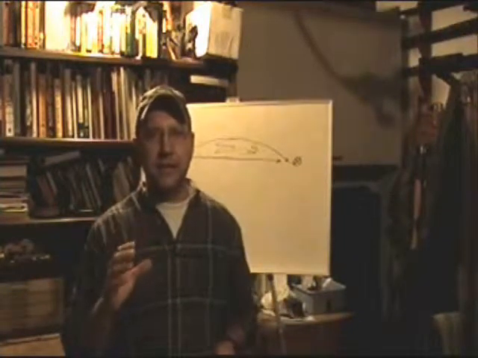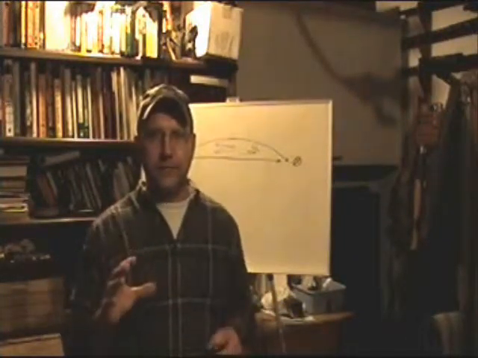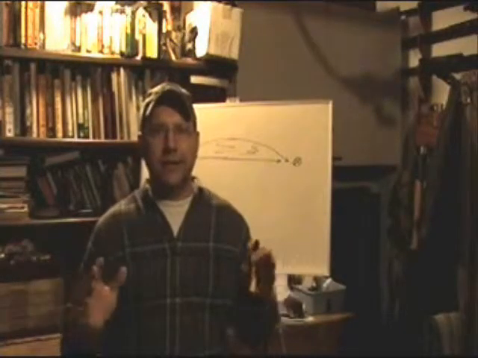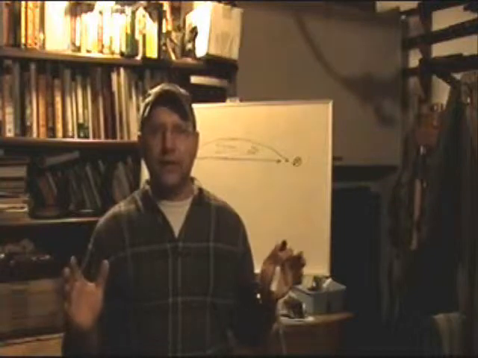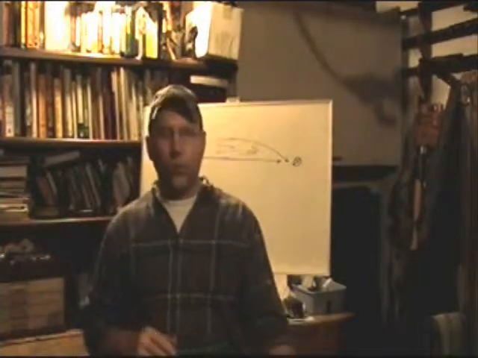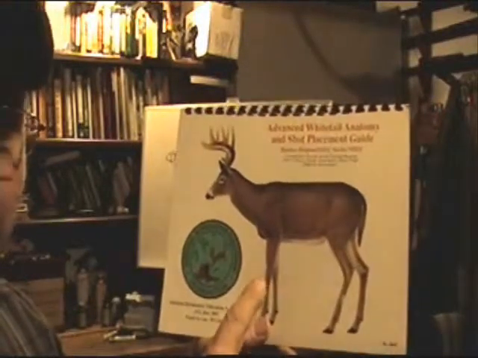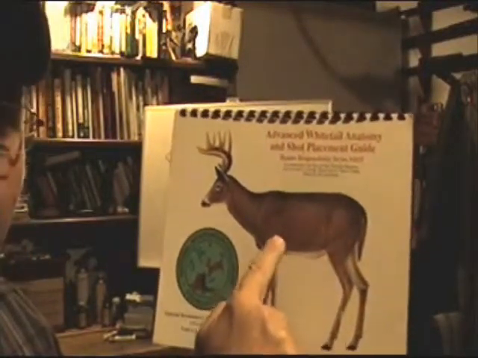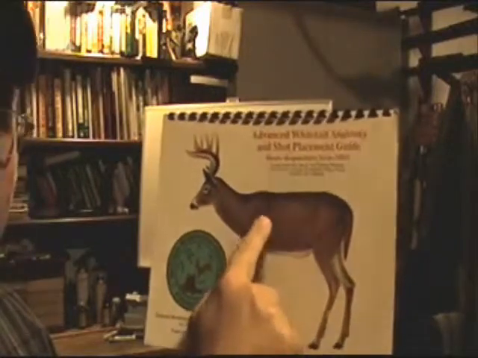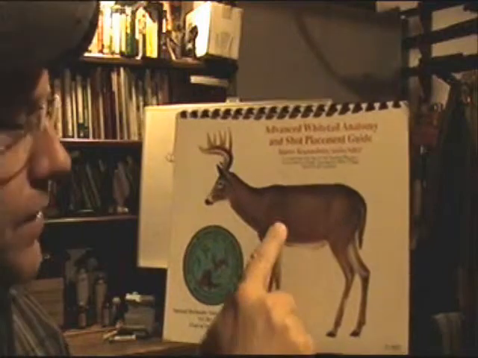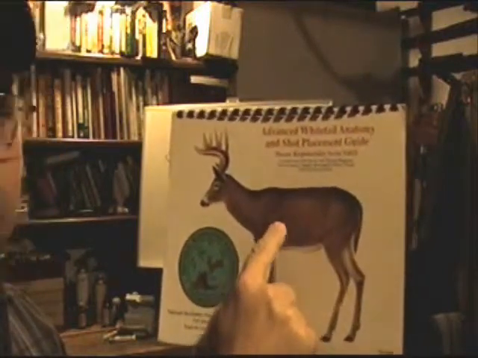So for instructional purposes, let's just talk about deer hunting. Where are the vitals located on a deer? The vitals are right in this area, right behind the shoulder.